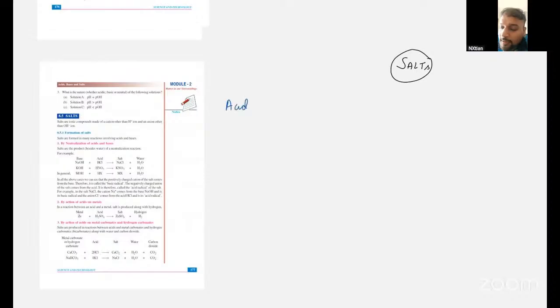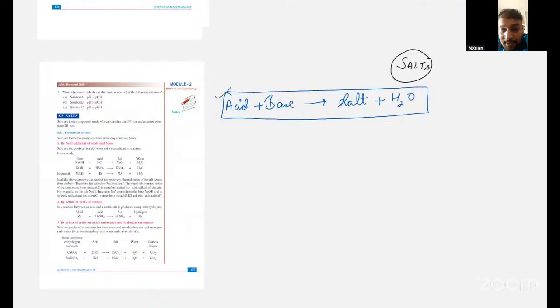In the neutralization reaction, when acid reacts with base, it makes salt plus water. This salt is what we are asking for.